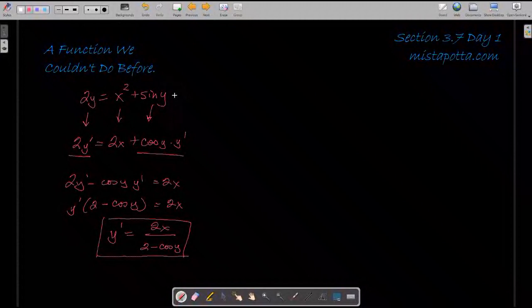So the idea of implicit differentiation allows us to deal with much more complicated relations that we couldn't have touched otherwise, because we couldn't have gotten them in a functional form.